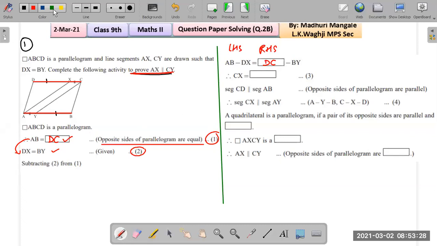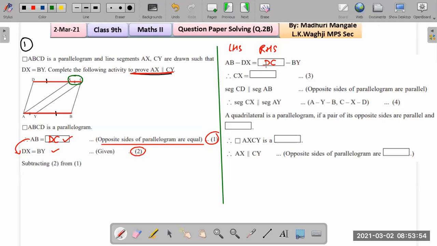Now we look at the diagram. AB minus DX. What is AB minus DX? So AB is actually DC itself. So AB minus DX, AB is actually DC and DC minus DX equals to CX, this part, correct?